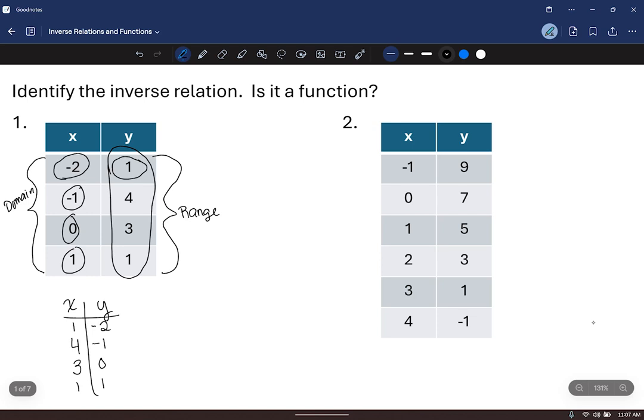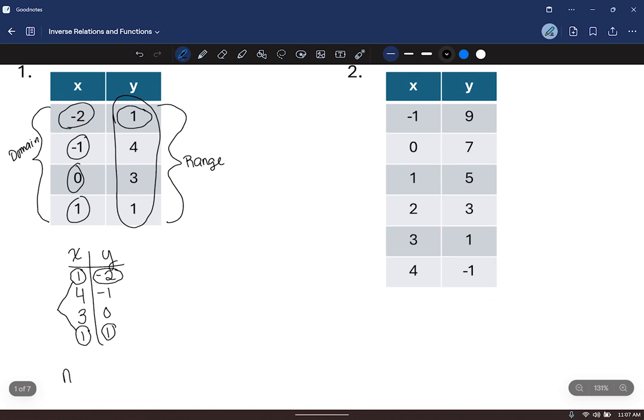Now to tell whether that is a function or not, we're going to take a look at those input values, or our x's. And I see that I have an x that has an output of -2, and this x has an output of 1. These are the same. Because the 1 is being paired with -2 and the 1 is being paired with 1, this is not a function.